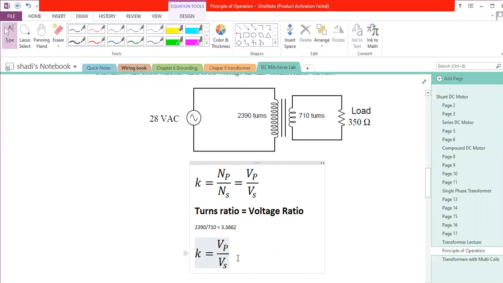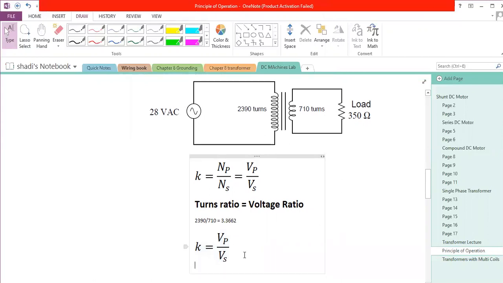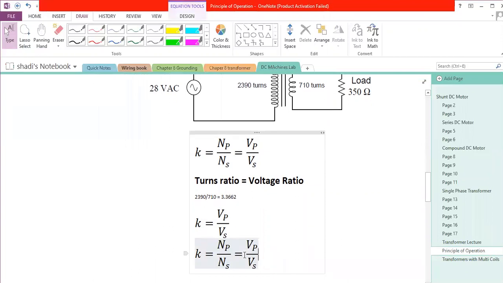But now, if we want to find V secondary, we can conclude that V secondary equals V primary over K, since K equals V primary over V secondary.